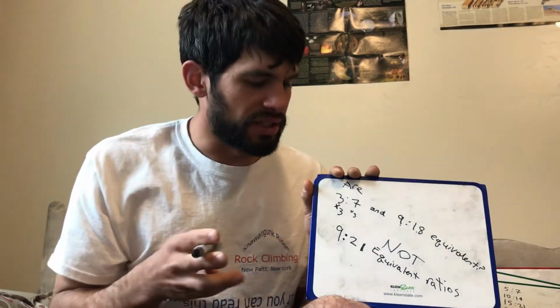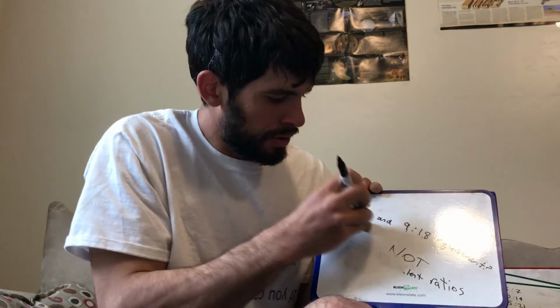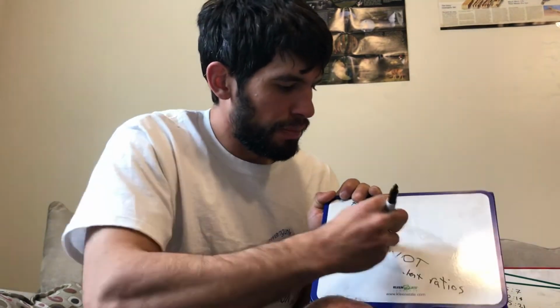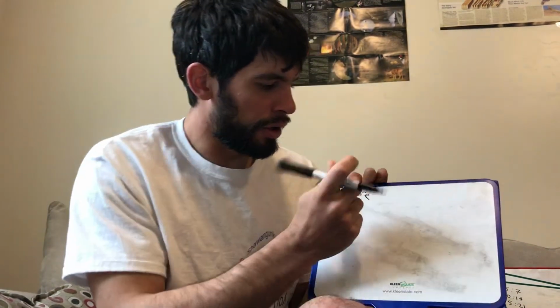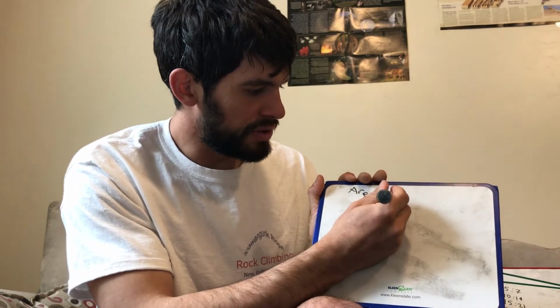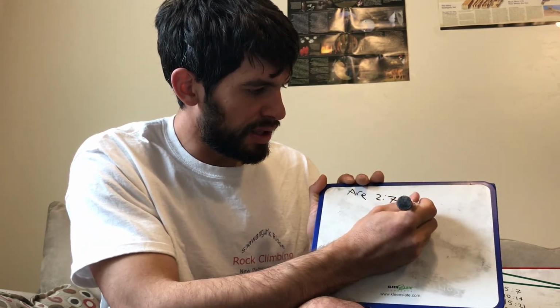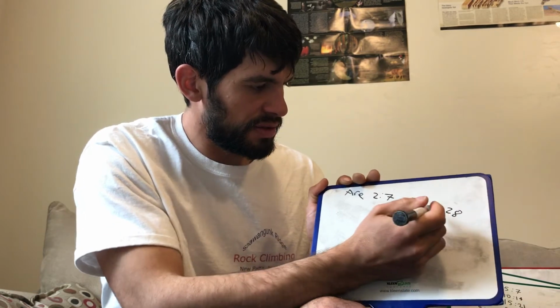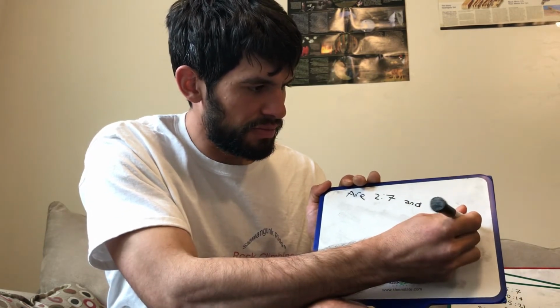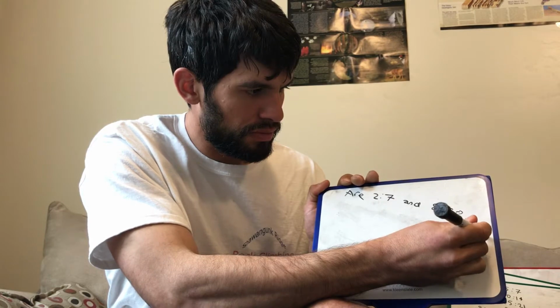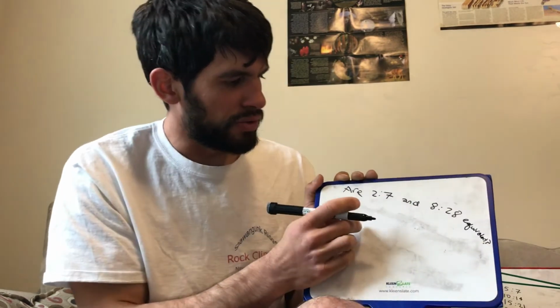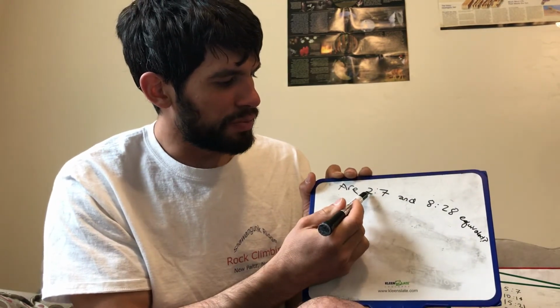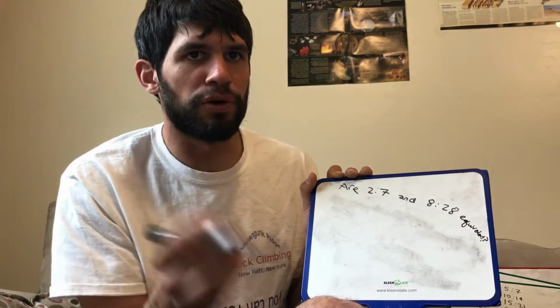Let's do another example. Suppose we ask, are 2 to 7 and 8 to 28 equivalent? In this case, what do we have to multiply 2 by to get 8? We have to multiply it by 4.